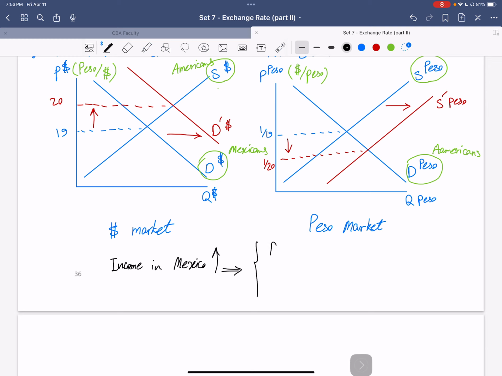And we will see that the price of dollar, the value of dollar, has increased. It is an appreciation, and the price of peso has decreased, which is called depreciation or a weaker peso. All right.